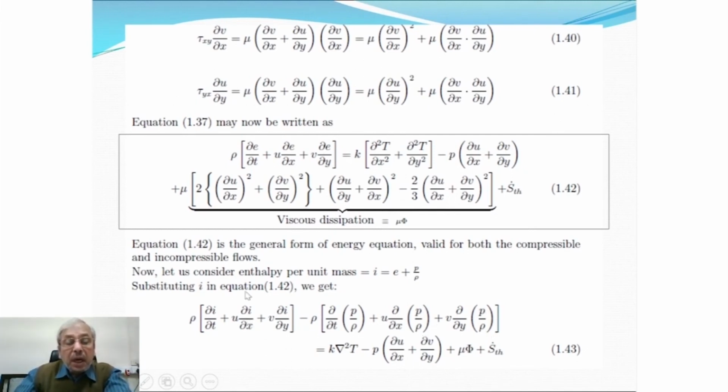We have just separately written them, equal to K grad square T minus P del U del X plus del V del Y. We have written as such everything just what we wrote here, plus mu into viscous dissipation plus thermal energy generation rate.